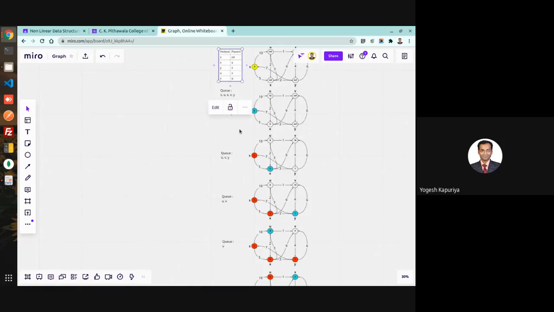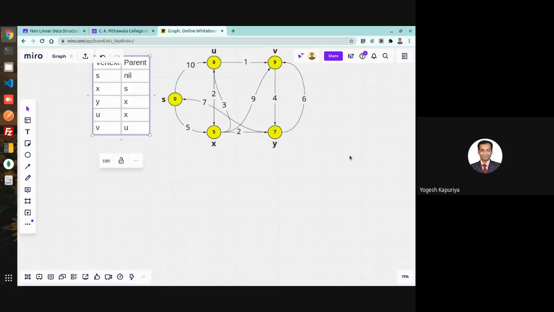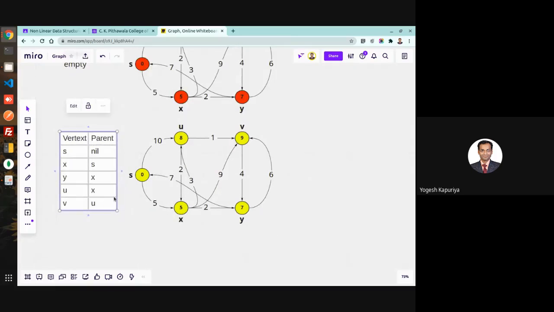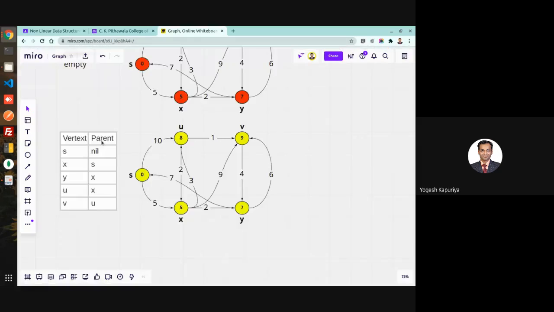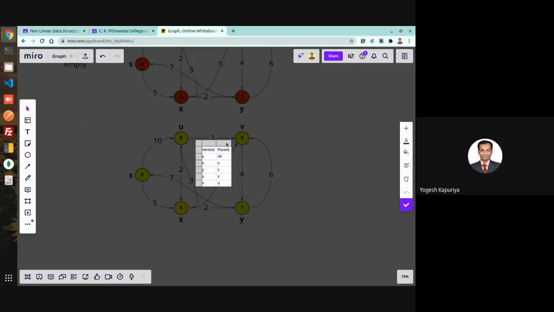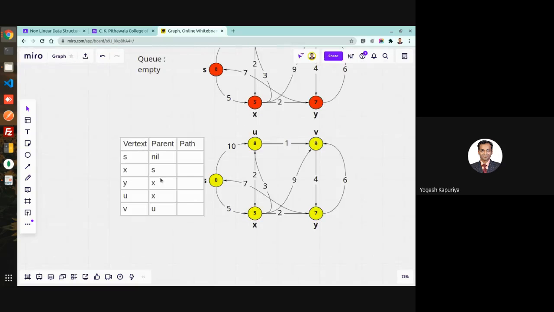For path, you require this matrix, right? So how? If I change this table, I add one more column. Okay. So let us try to make it.